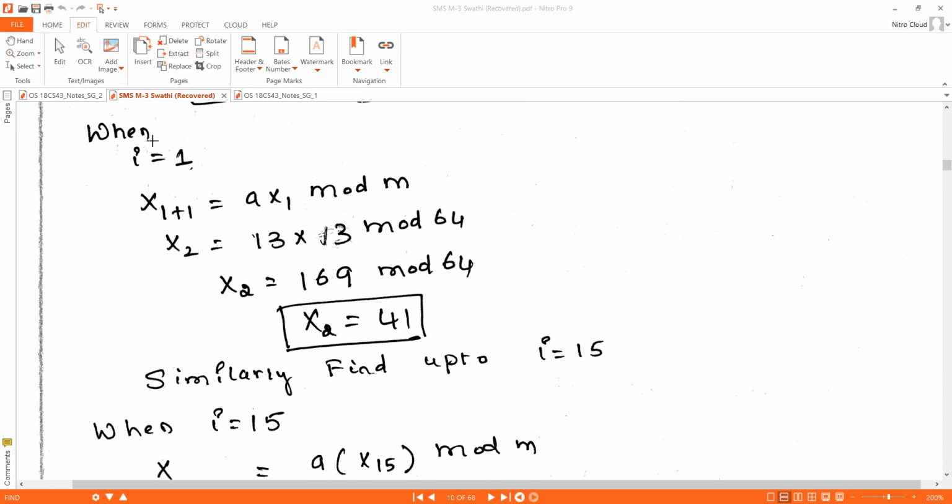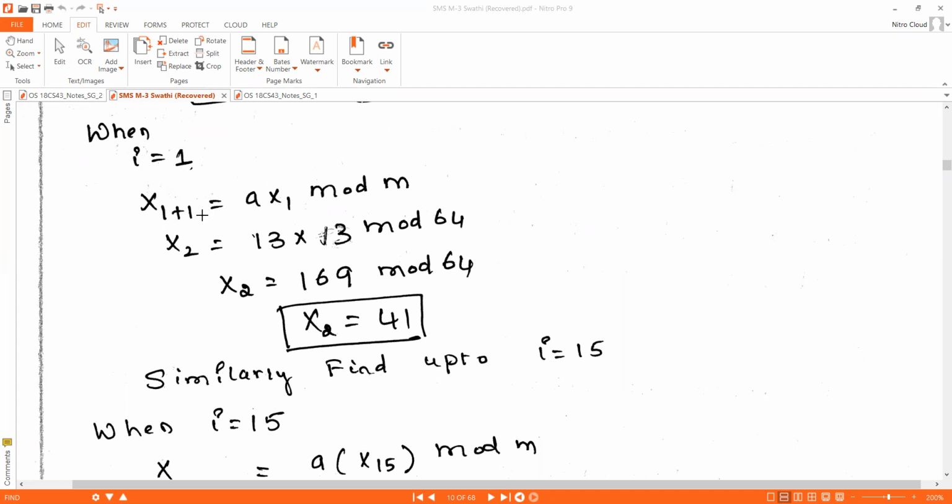Now we need to find what the xi value is when I equal to 1. When I equal to 1, the formula is x i plus 1 is equal to a into x1 mod m. Here the I value is 1, so we substitute 1.